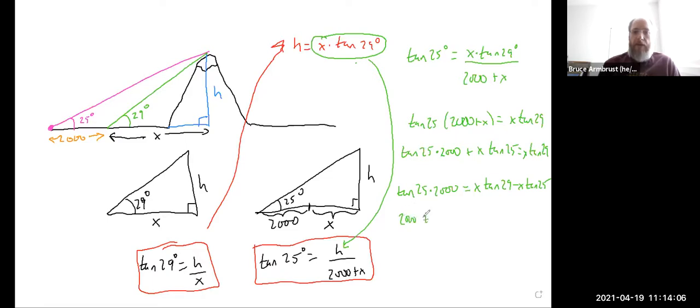So we've got 2000 tangent 25 is equal to x times tangent of 29 minus tangent of 25. And then lastly, we divide 2000 tangent 25 by that factor. Whew.